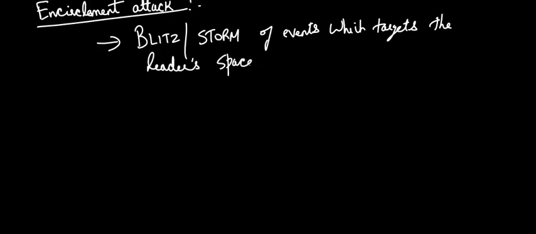The encirclement attack is like creating a blitz or a storm of events which targets the leader's space, maybe launching an offensive, in the sense of very strong discounts or something like that, so that the challenger commands superior resources.